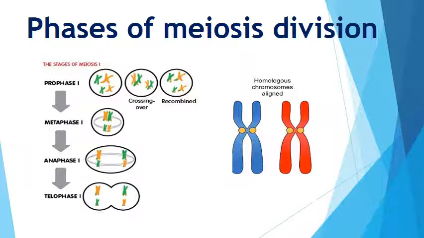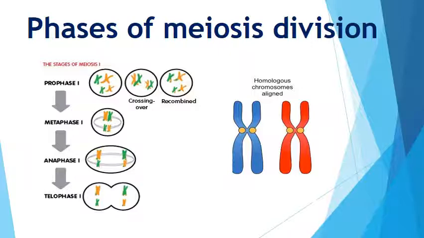This is at the beginning. What happens at the end? At the end of prophase 1, the crossing over phenomenon takes place, and we will know what's meant by crossing over later. And what else happens at the end of prophase 1?